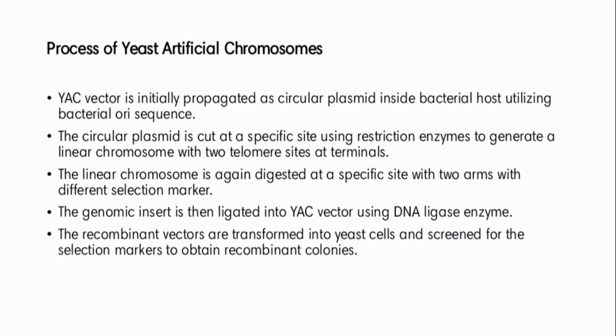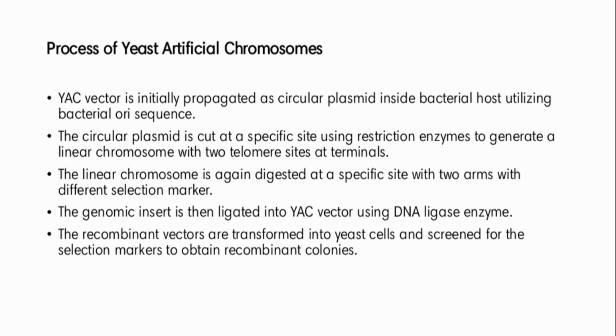So the process of YAC. The YAC vector is initially propagated as a circular plasmid inside a bacterial host utilizing a bacterial origin site. The circular plasmid is cut at a specific site using restriction enzymes to generate a linear chromosome with 2 telomere sites at the terminals.